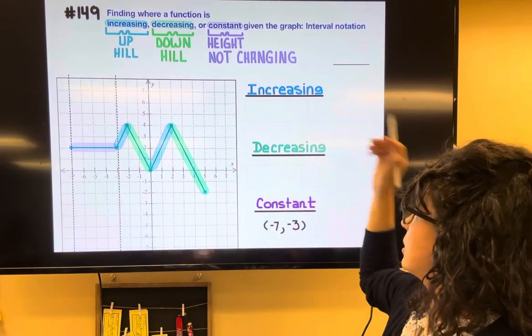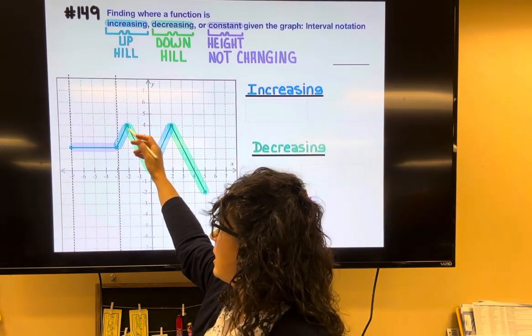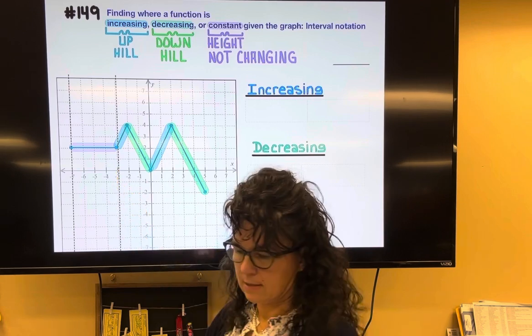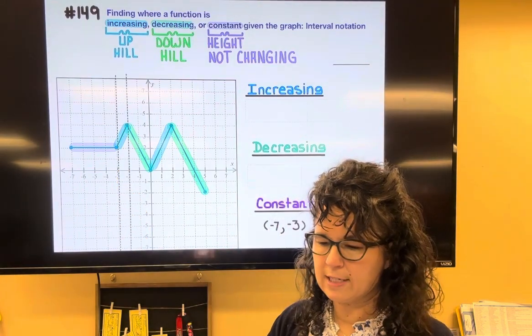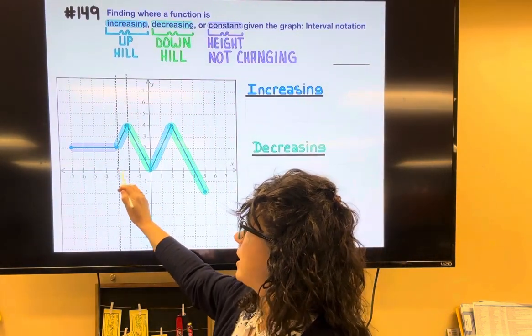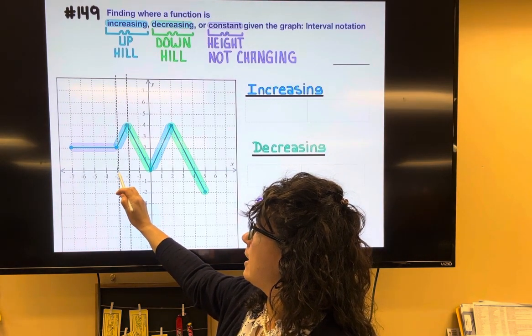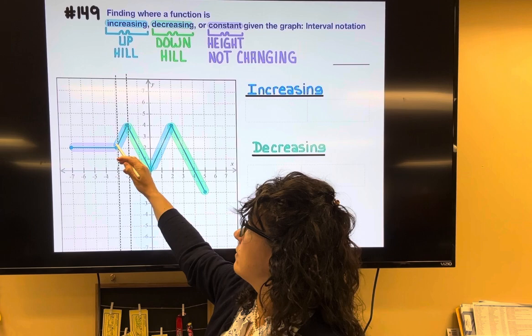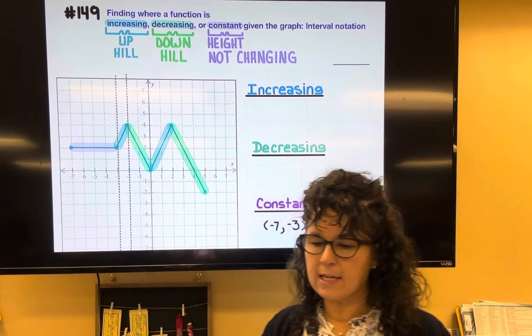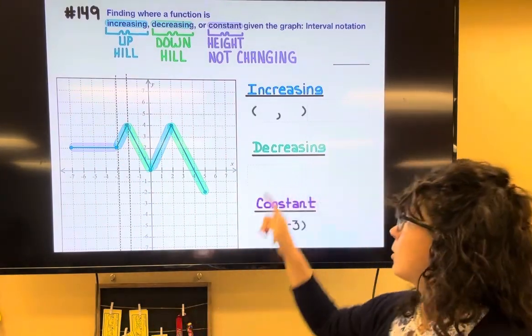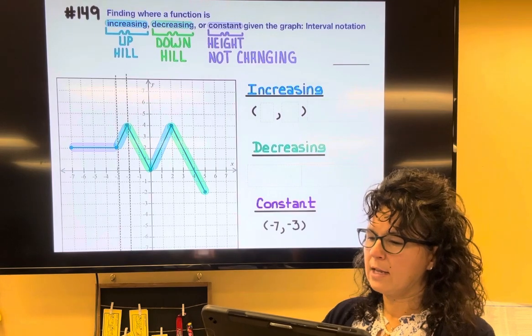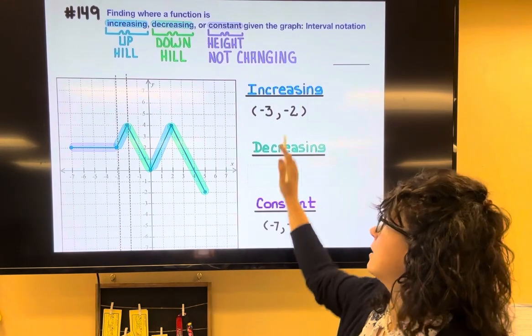Okay, then let's look at this little piece right here. This is our increasing section, between here and here. So starting at -3 until we get to -2, we're increasing. So the first section where we're increasing is -3 through -2.